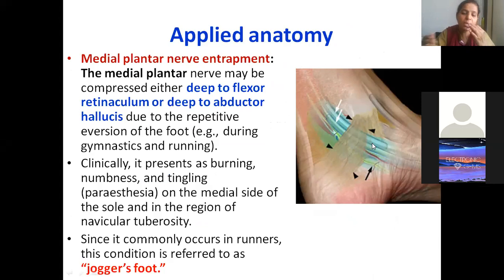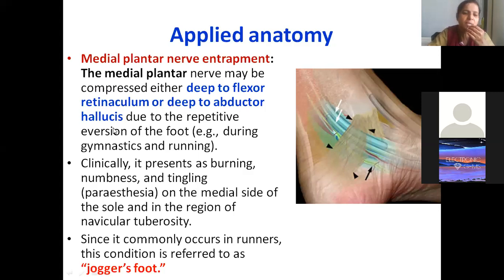But it tends to get infected if there is any excessive movement at this ankle region, especially in athletes. So whenever there is inflammation, even this nerve may get damaged. So that is medial plantar nerve entrapment. It may be compressed deep to the flexor retinaculum or deep to the abductor hallucis.